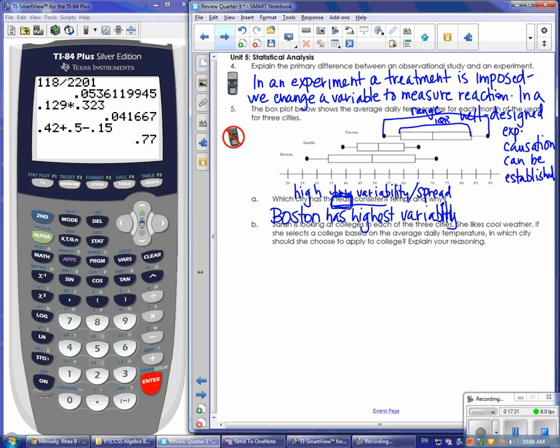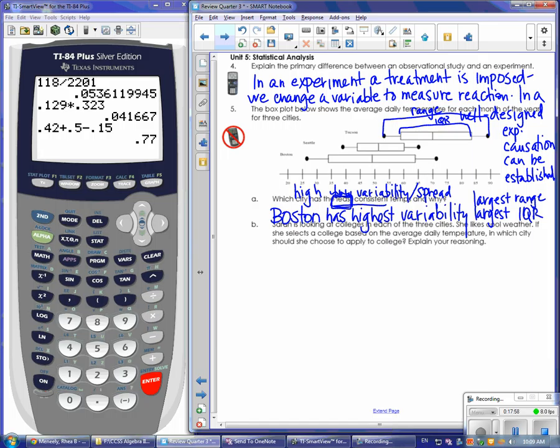Variability. There we go. That means it has the largest range and the largest interquartile range. So either way you look at it, Boston has the highest variability, which is the same thing as the least consistency. It's the least consistent.